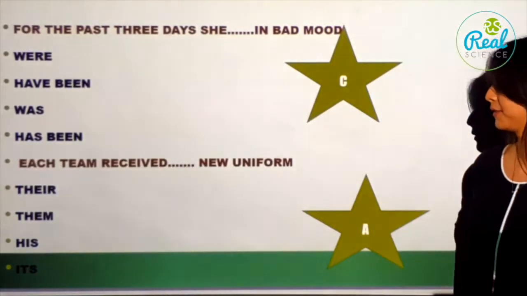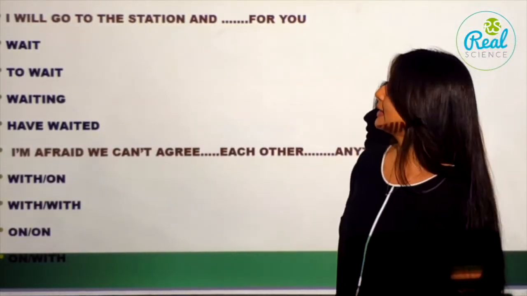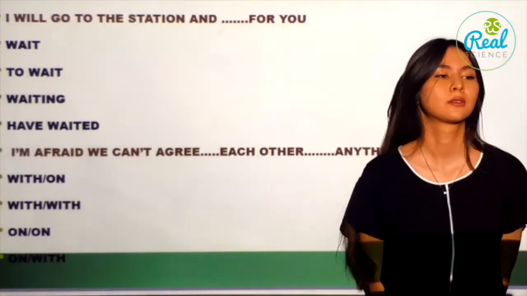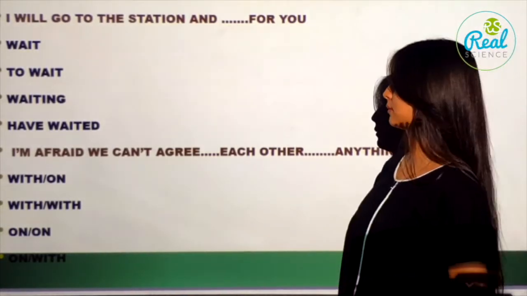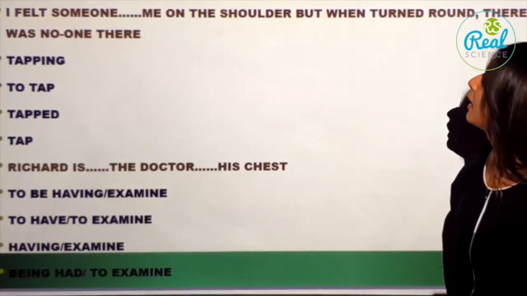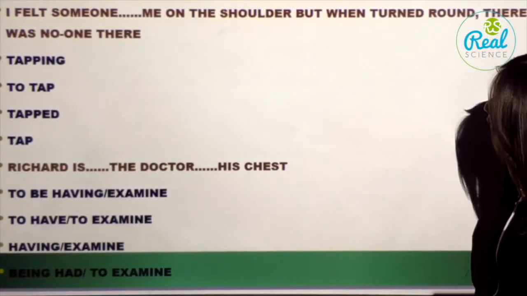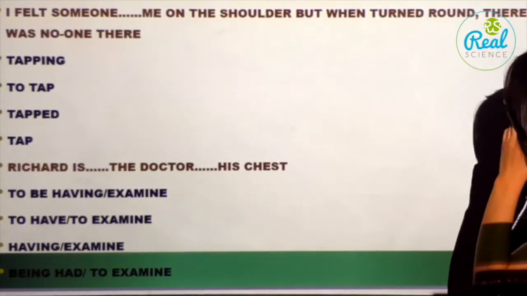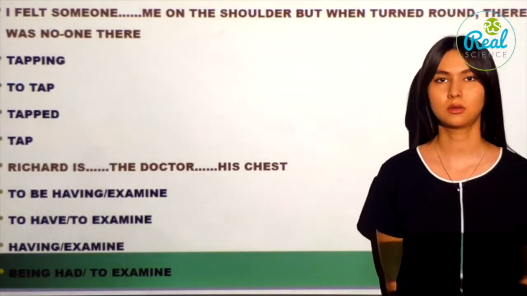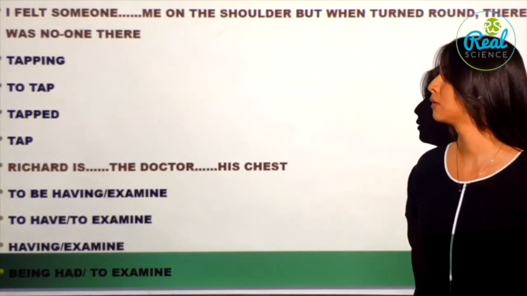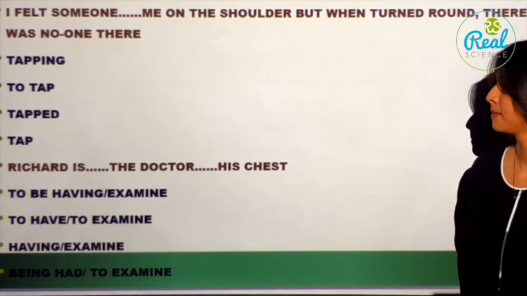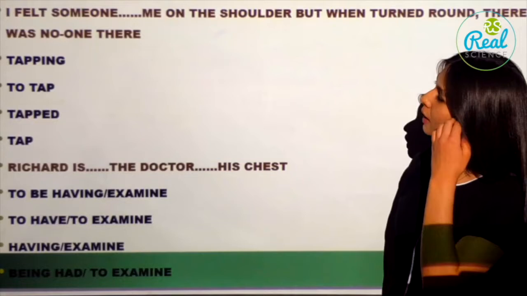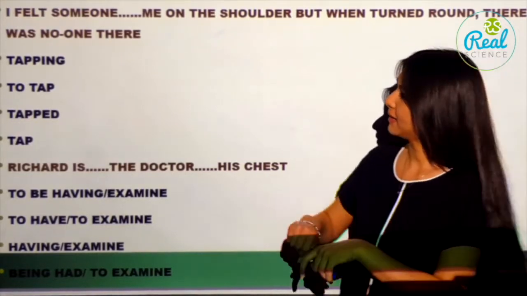Next one. So I will go to the station and wait for you. I felt someone tapping me on the shoulder, but when I turned around, there was no one there. Tapping or tapped?